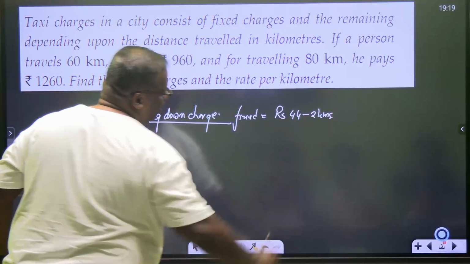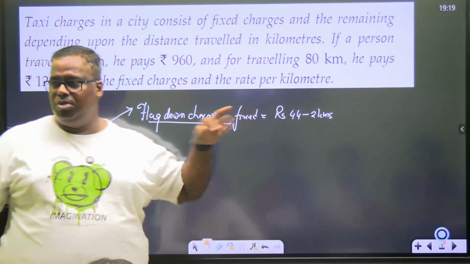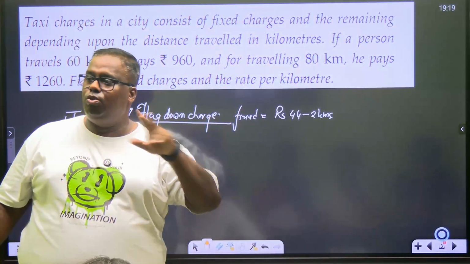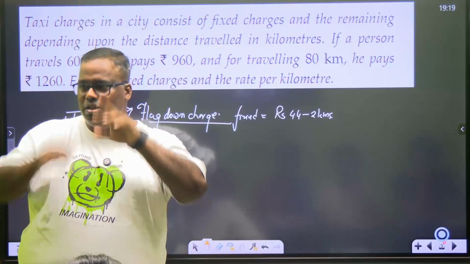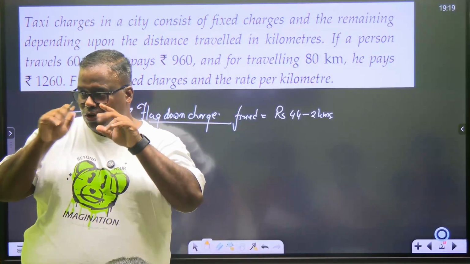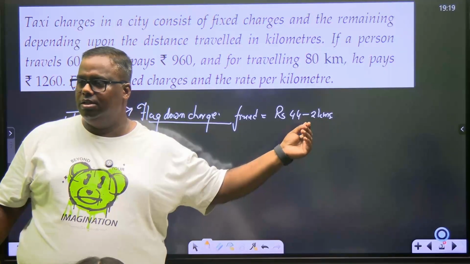So when you take a taxi from, say, Hyderabad airport, the driver will immediately press the button, and for the first 2 kilometers, the meter will be silent, and the display will show 44 rupees. The moment it crosses 2 kilometers, kick, kick.